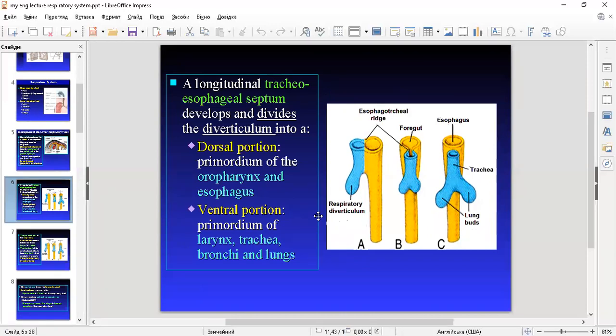A longitudinal tracheoesophageal septum develops and divides the diverticulum into a dorsal portion, primordium of the oropharynx and esophagus, and a ventral portion, primordium of larynx, trachea, bronchi, and lungs.